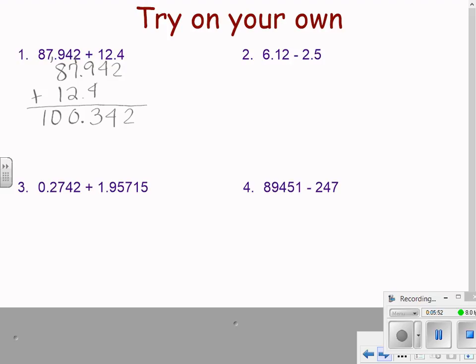So 100.342. All right, let's look at where we're going to round. In our first number, we're at the thousandths place, but my second number is at the tenths place, which is less precise. That means my final answer can go no further than the tenths place. So I'm left with 100.3.